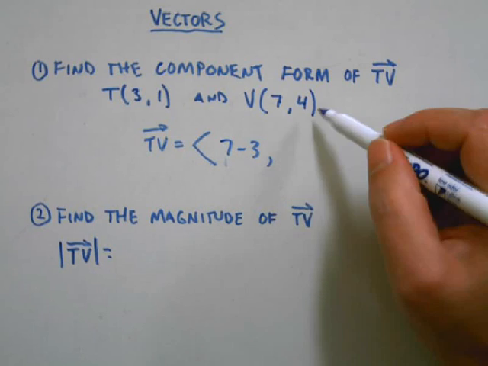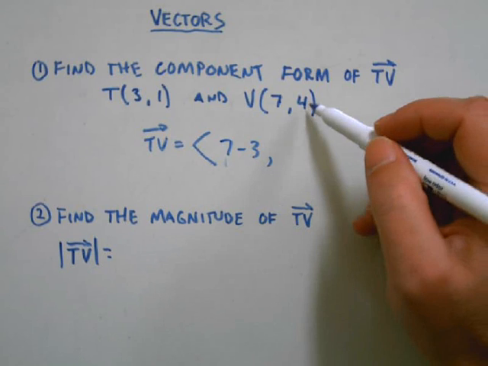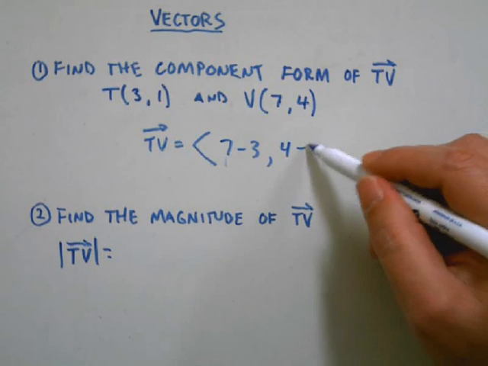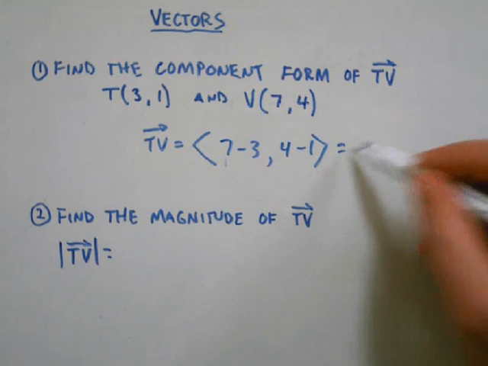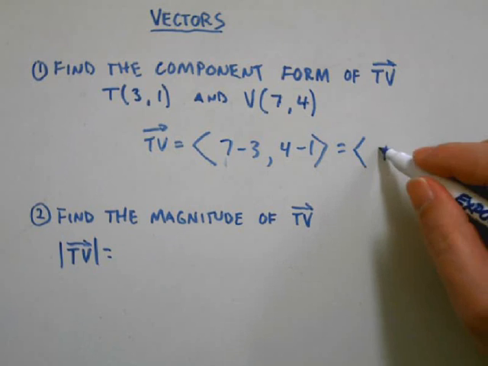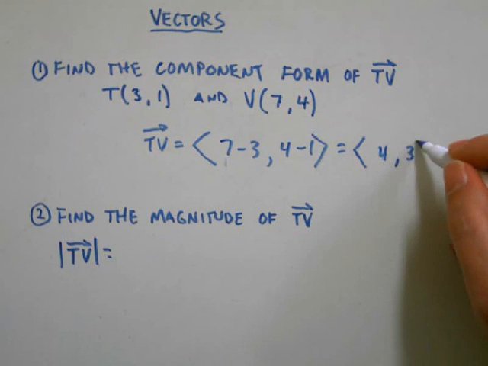And for the y component, we're going to do 4 minus 1. And so the component form would be 4, comma, 3.